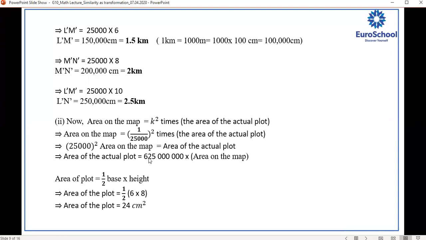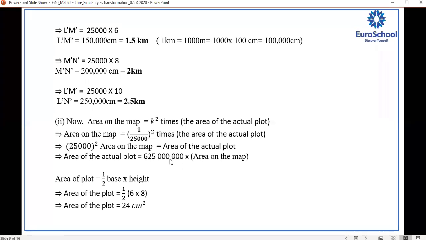Square of 3 zeros will be 6 zeros. So 1, 2, 3, 4, 5, 6. Understood? Don't waste your time doing calculations of zeros. So start working on this habit. Just do it in an easy way. So 25 into 25 is 625. Square you all know. Then 3 zeros.